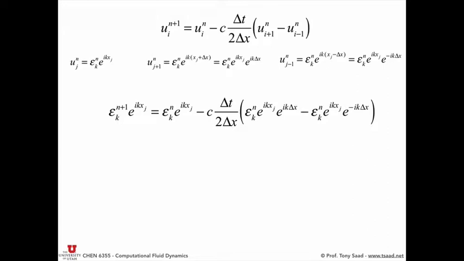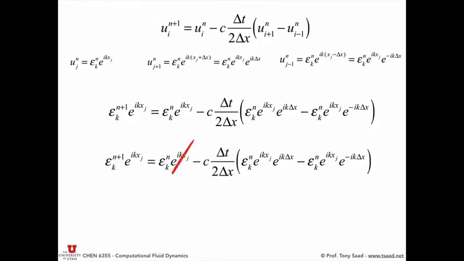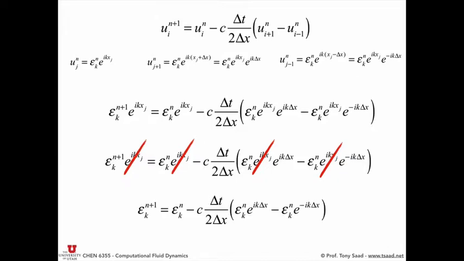So now we can simplify. We're going to simplify e to the i k x_j, so that gets rid of e to the i k x_j.